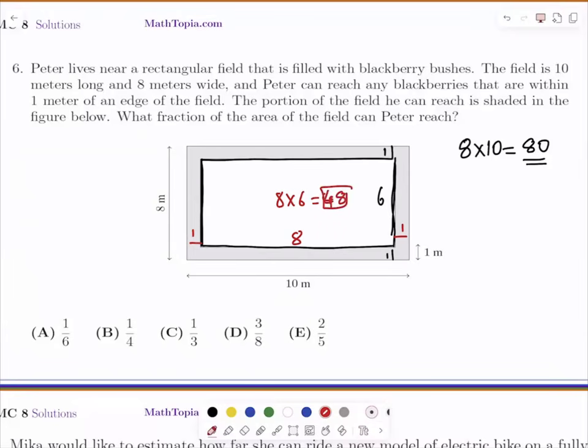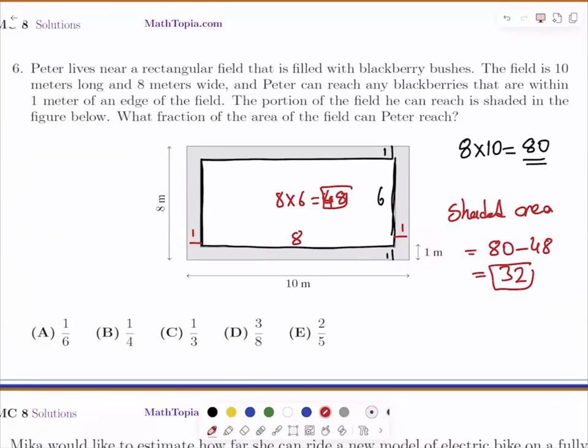Okay, 48. Great. That is the inner dimension. Then how can we find the shaded area? Shaded area would be 80 minus 48. That's going to be 32.